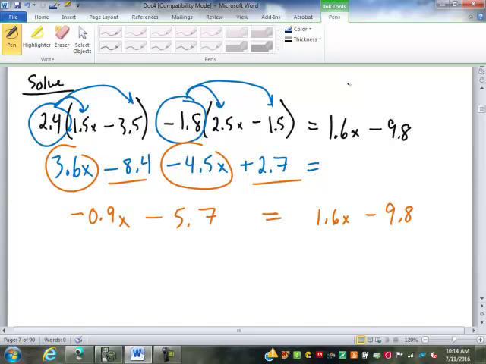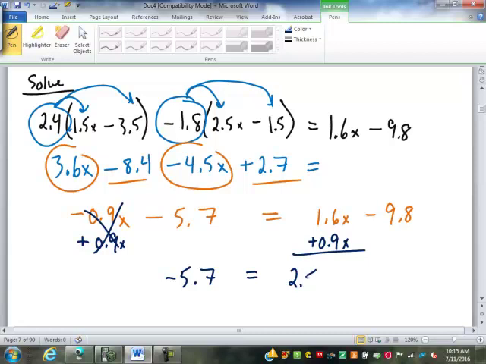Negative is always smaller than a positive, so I'm going to get rid of the negative 0.9x by adding 0.9x, and it is gone. So all that's left over here is the negative 5.7. I have to add 0.9x on this side, which gives me 2.5x and negative 9.8.